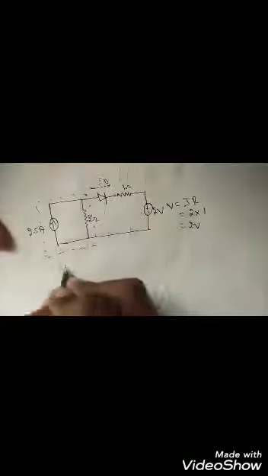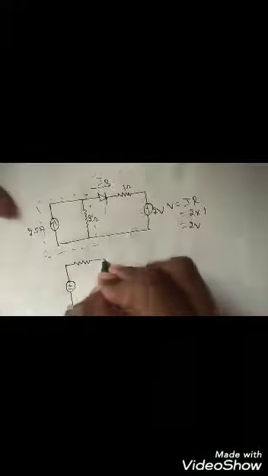So further, if we convert this current source into voltage source, we can easily find the current through the diode. So let us do that. Here we'll convert this current source into voltage source, so the resistor will be in series when we convert into voltage source.